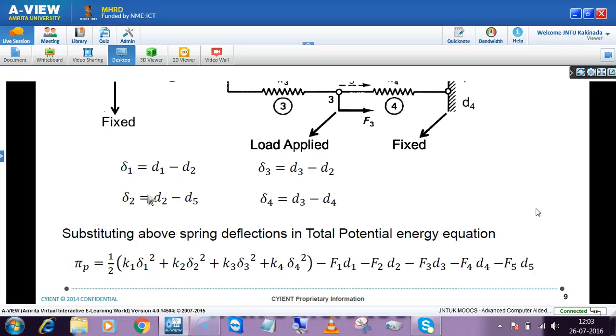Now, we have given the relations between nodal deflections versus spring deflections, as mentioned here.